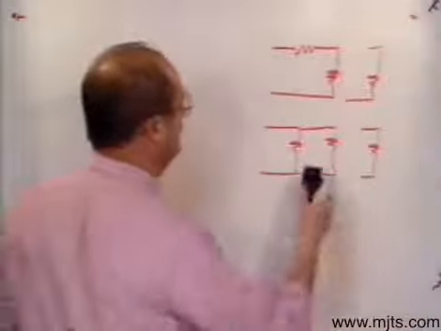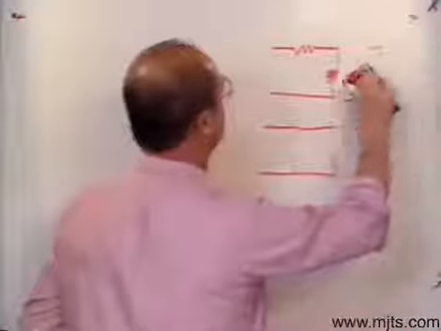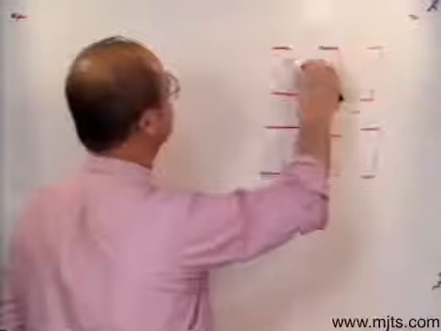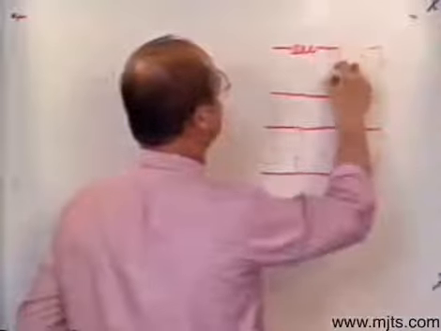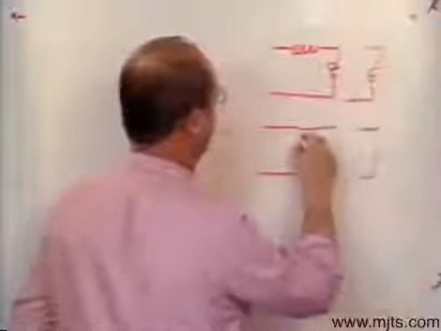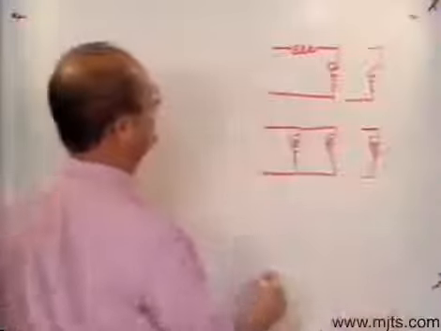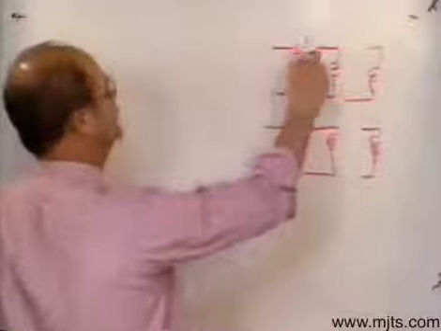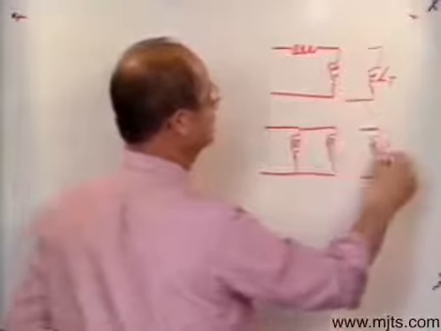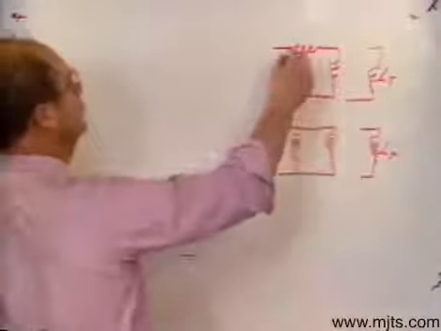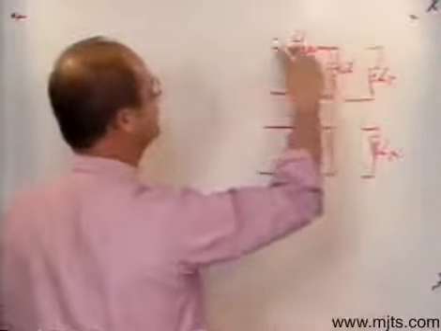Now, if I had, let's say, inductors in here instead of resistors, I'll put inductors in there, and I want to find their totals. I would treat them just exactly like I did the resistors. In other words, my value of L sub T in both cases here would be L1 plus L2 when they're in series.